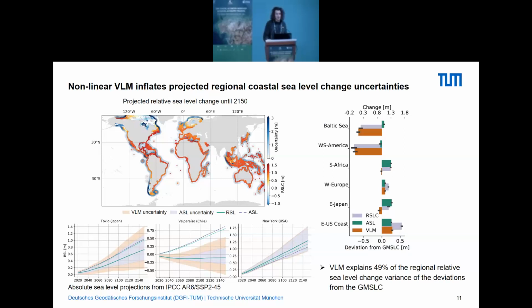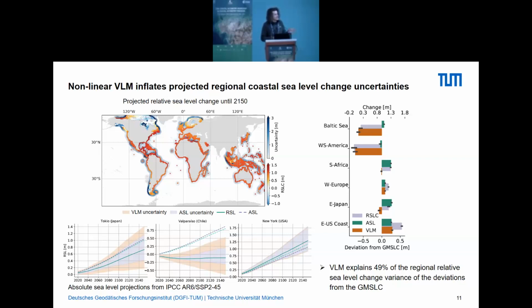Also, we know that vertical land motion shapes a lot of the regional variability in relative sea level changes, and we can plot the different components for different regions like the Baltic Sea and Western Europe. I showed here also two different scales, like the deviation from the global mean sea level change in 2150 and the absolute change.